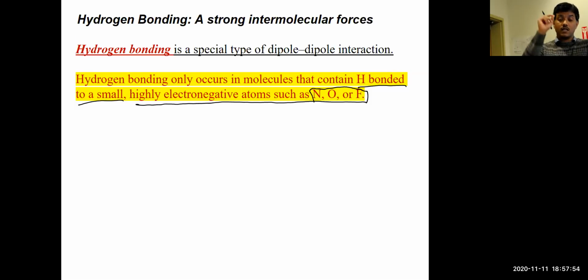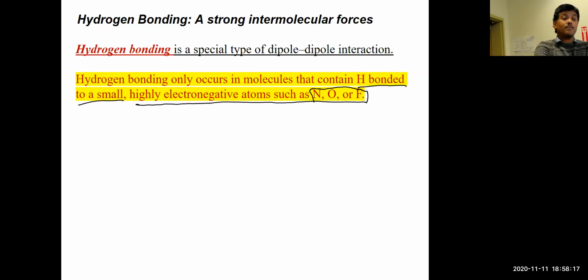To observe hydrogen bonding in a molecule, you have to clearly see a Lewis structure. In that Lewis structure, you have to clearly check whether the hydrogen is directly connected to one of these elements. If not, you just have dipole-dipole interactions.